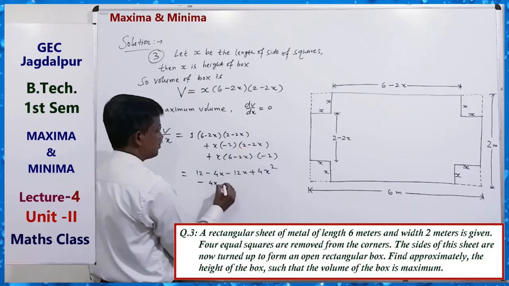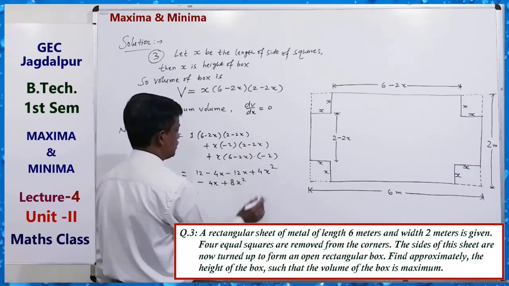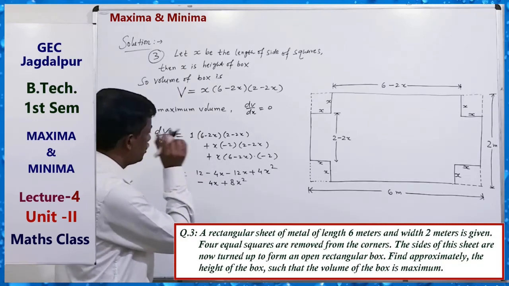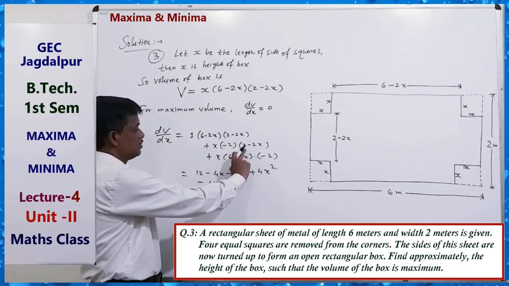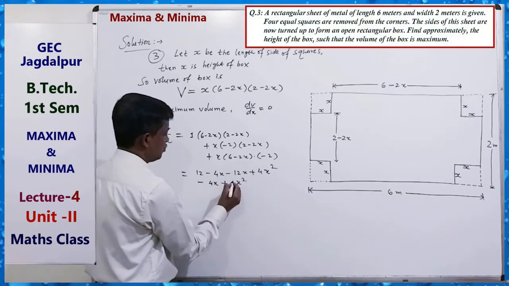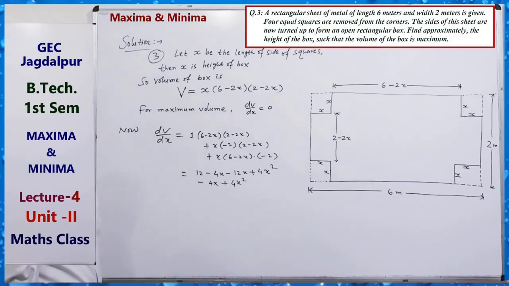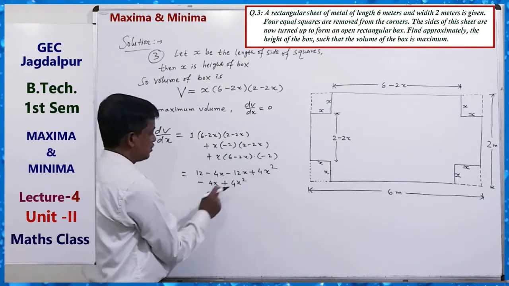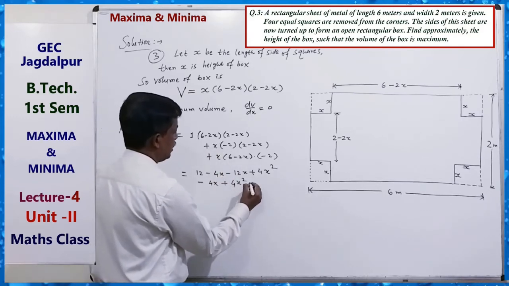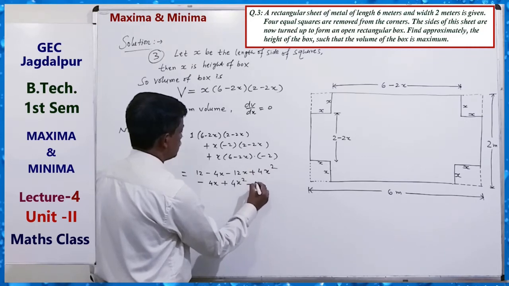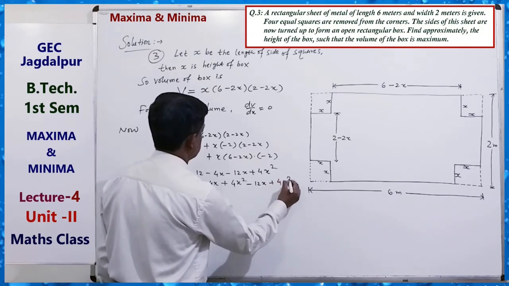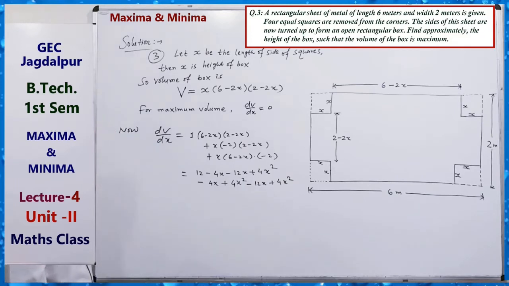And here, minus 2x into (6 minus 2x), minus 12x plus 4x square.